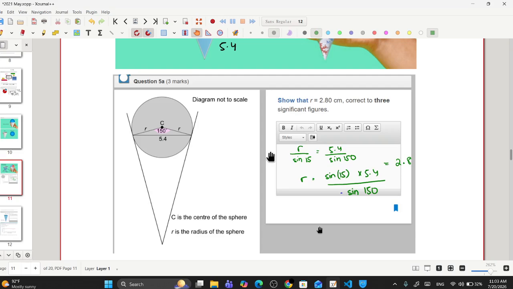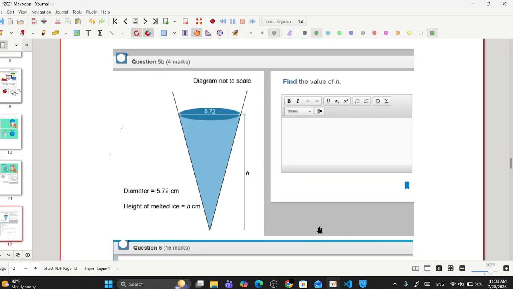Since we know that the radius is 2.8, I can apply the formula. The formula of what? The formula of volume of sphere. The volume of a sphere is given by the formula 4 over 3 pi r cubed. And that is essentially 4 over 3 multiplied by pi multiplied by the radius of 2.8 whole cubed.